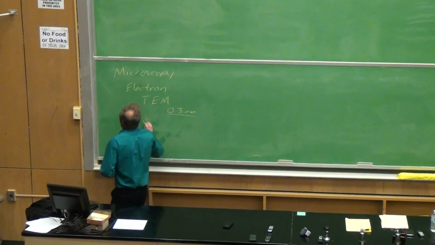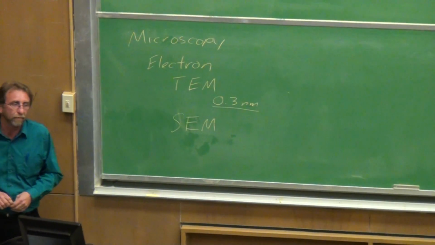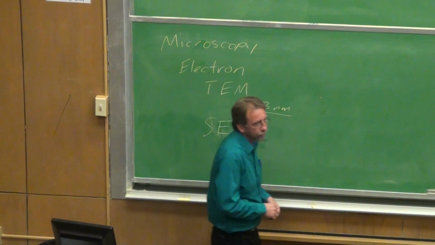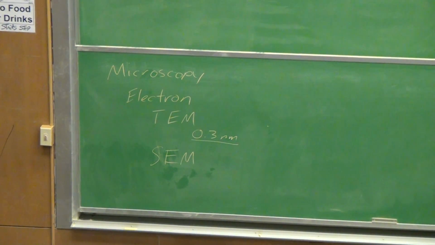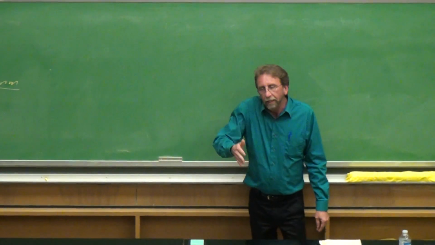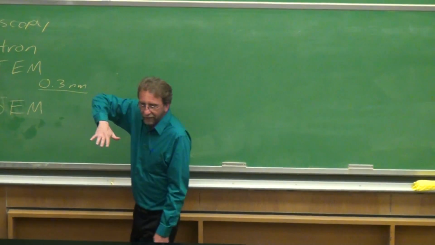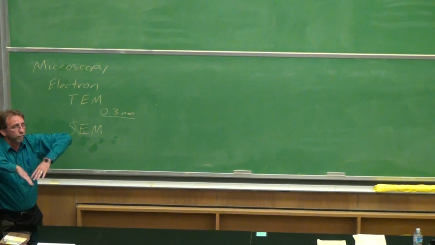There is also a scanning electron microscope. The scanning electron microscope creates again a beam of electrons, but this beam of electrons now scans over the specimen, and this specimen has been coated with a metal. A lot of times it's gold, and the electrons bounce back.